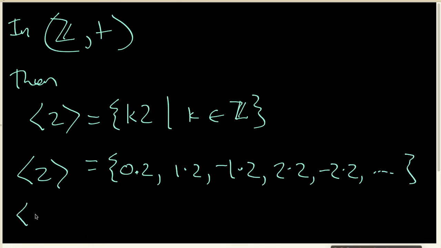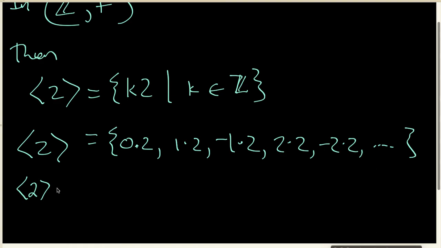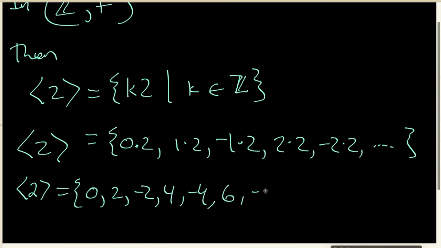So in this particular group, the integers under addition, the cyclic subset generated by 2 would look like the set containing 0, 2, minus 2, 4, minus 4, 6, minus 6, 8, minus 8, 10, minus 10, and so on.